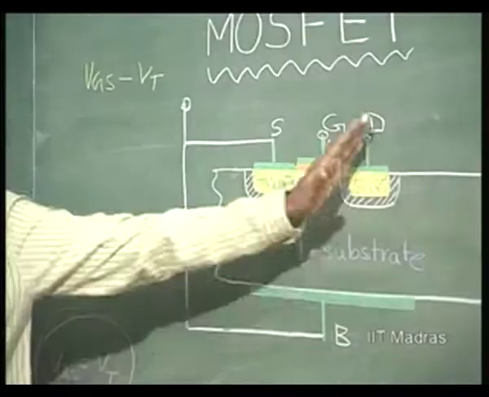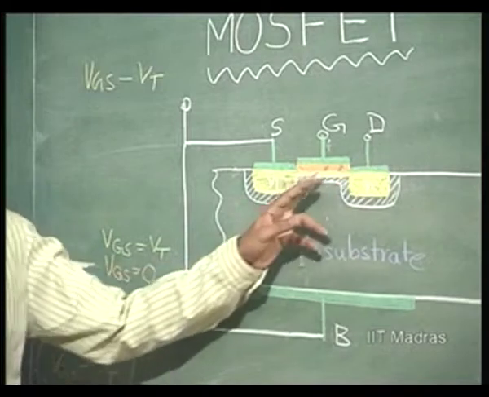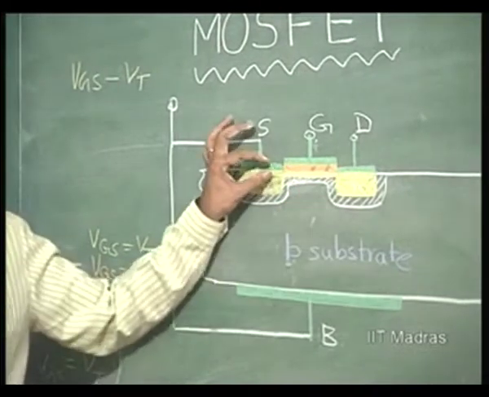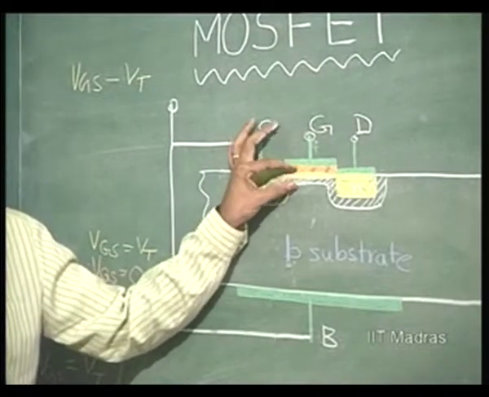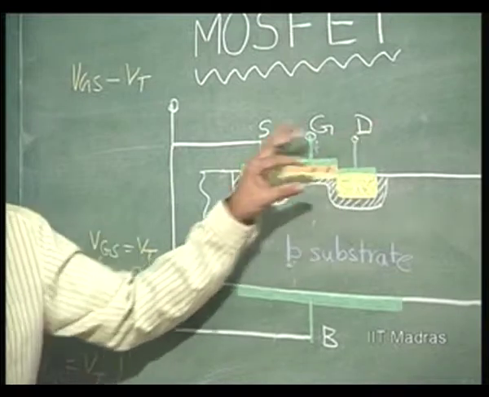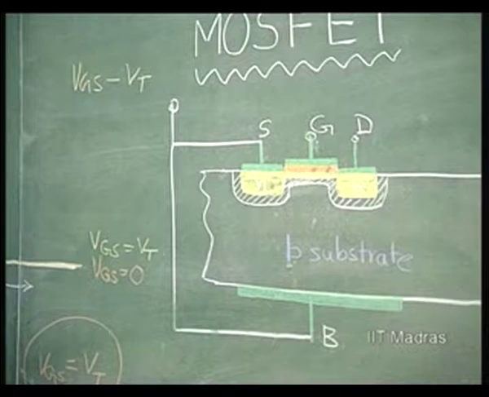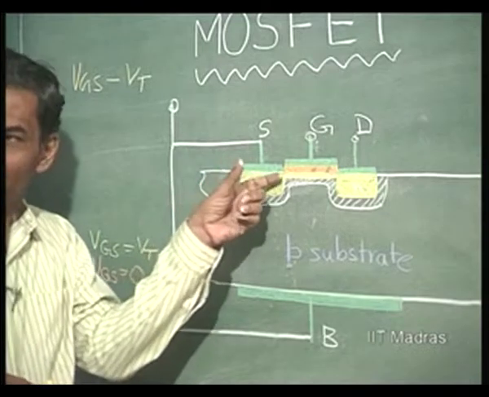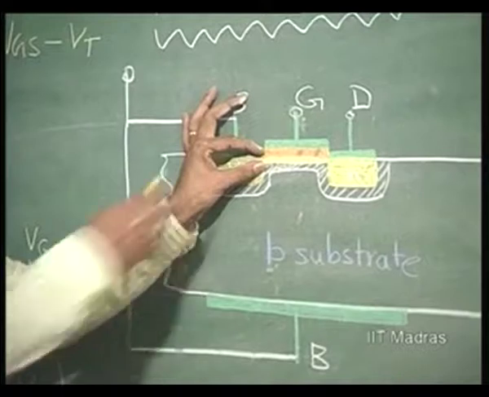As long as VDS is still 0, it looks just like an ordinary resistor. The width is uniform throughout. VDS is 0, so VGS and VGD remain the same, and therefore the width here is uniform. So, you can treat it as a plain good old resistor of a certain width in this direction, certain depth here, certain length.